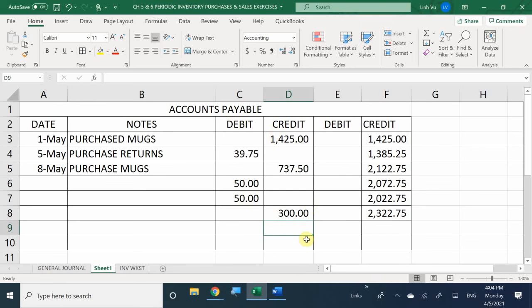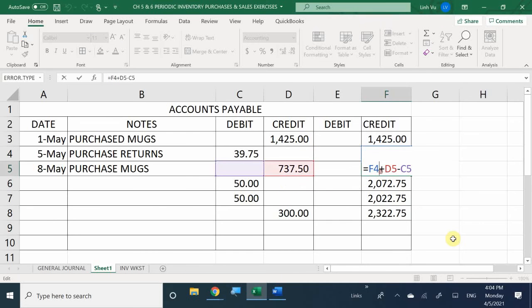This is just to save you a little time instead of having to calculate each one individually. What I did was say it's going to be my previous balance, add any of my credits, subtract any of my debits. So wherever I place my debit or credit, it's either going to add or subtract depending on my situation.